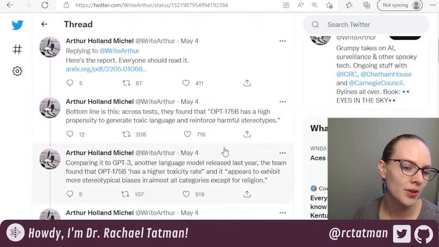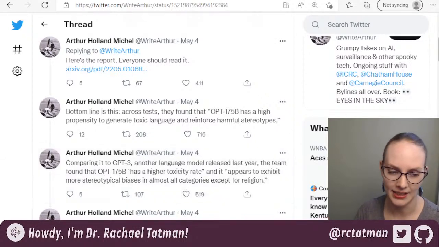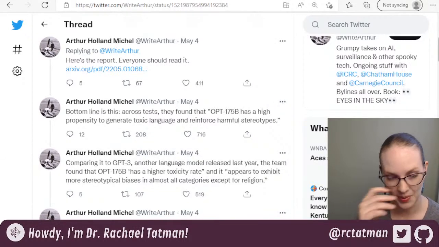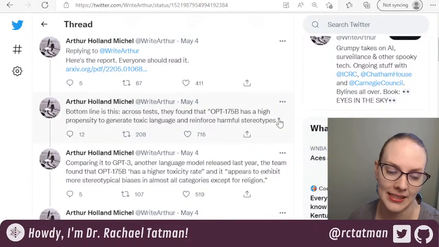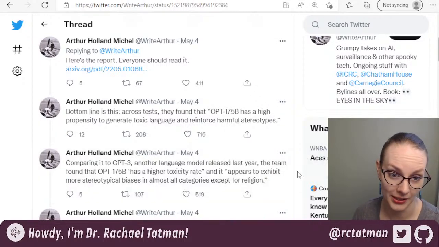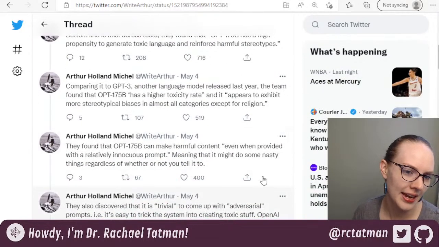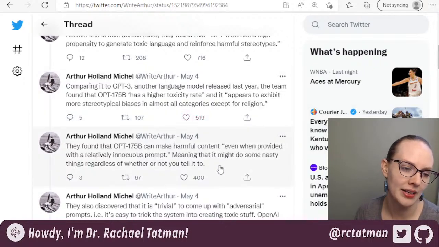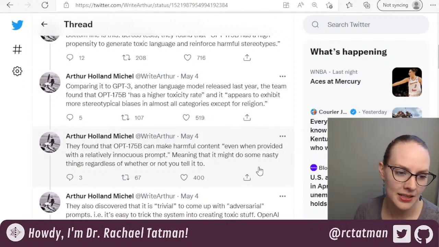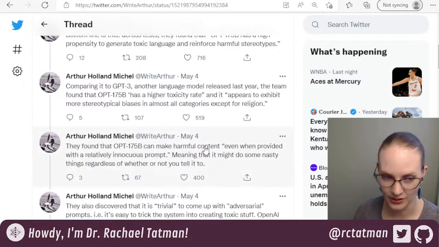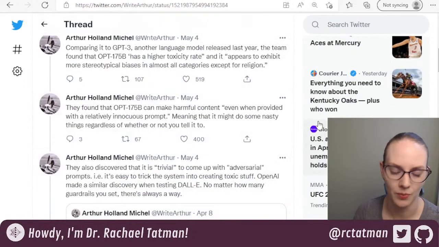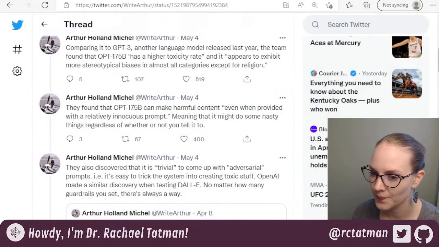Comparing it to GPT-3, another model released last year, the team found that OPT 175B has a higher toxicity rate and appears to exhibit more stereotypical biases in almost all categories except for religion. They found that it can make harmful content even when provided with a relatively innocuous prompt, meaning that it might do some nasty thing regardless of whether or not you tell it to, which I think is a pretty big problem with language models in general.